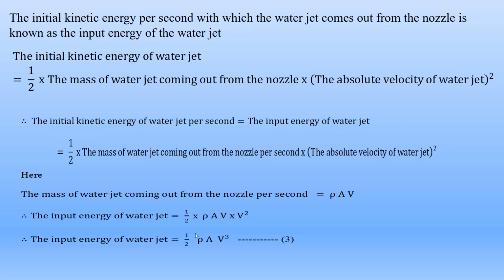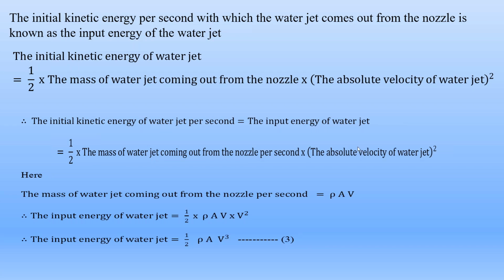Then the mass of water jet coming out from the nozzle per second is equal to rho A into V. Rho is the density of water, A is the cross-sectional area of water jet, V is the absolute velocity of water jet. That is the mass of water jet coming out from the nozzle per second into absolute velocity square, that is V square.